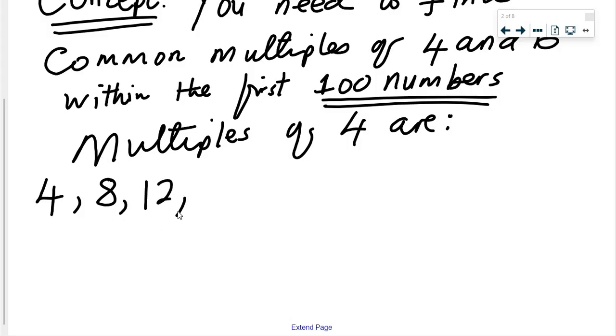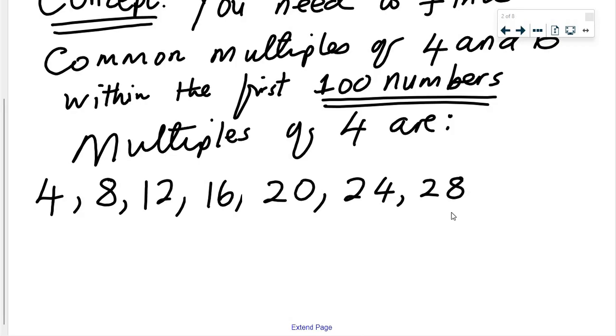plus 4, 12, plus 4, 16, plus 4, 20, plus 4, 24, plus 4, 28, plus 4, 32. Keep adding 4.